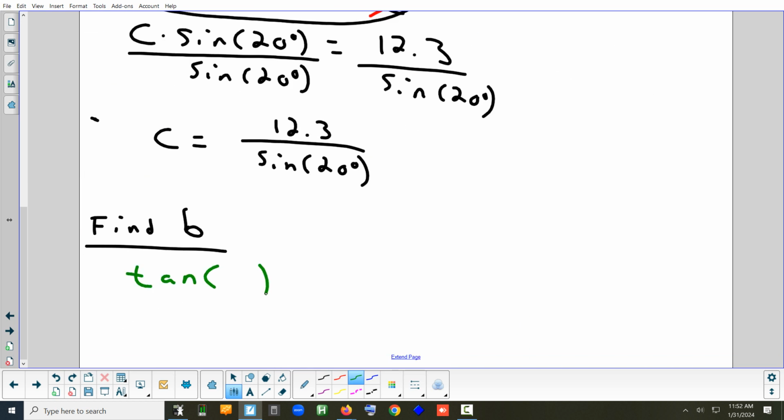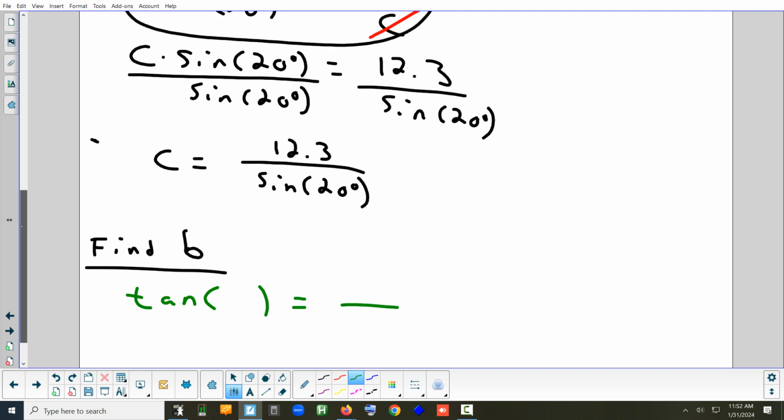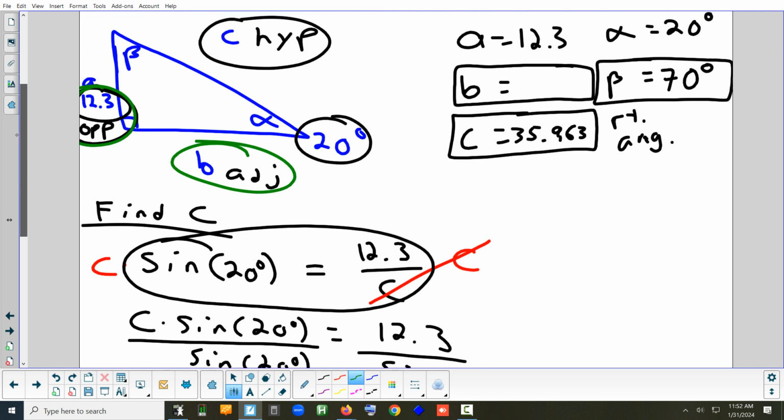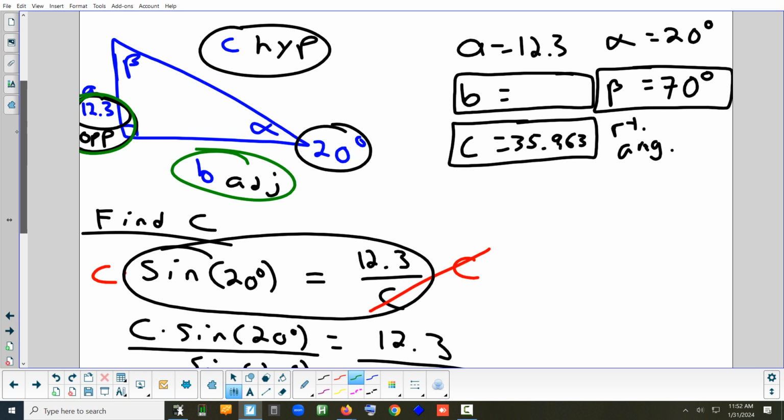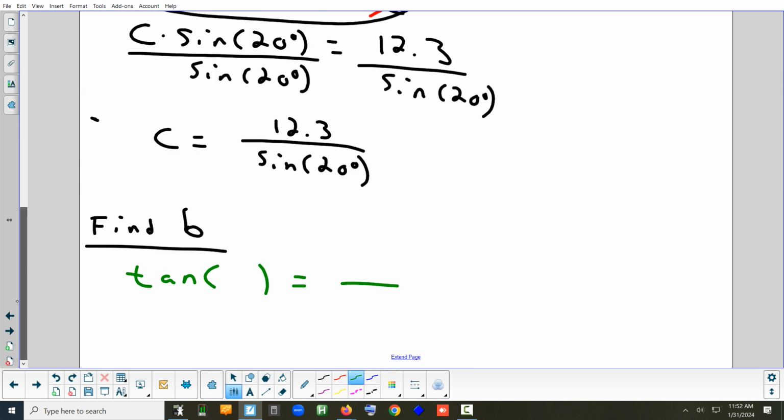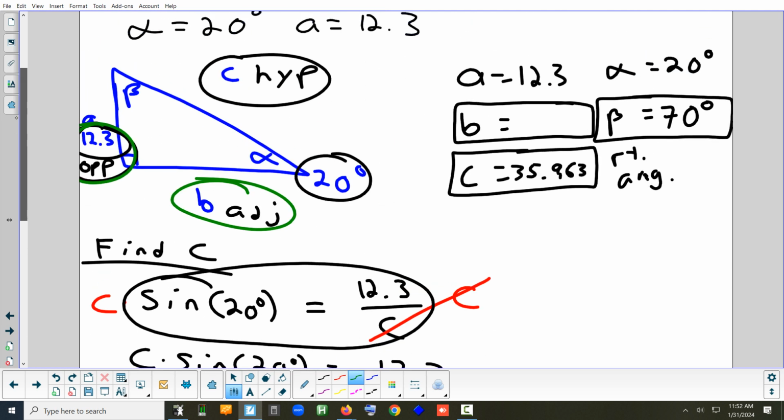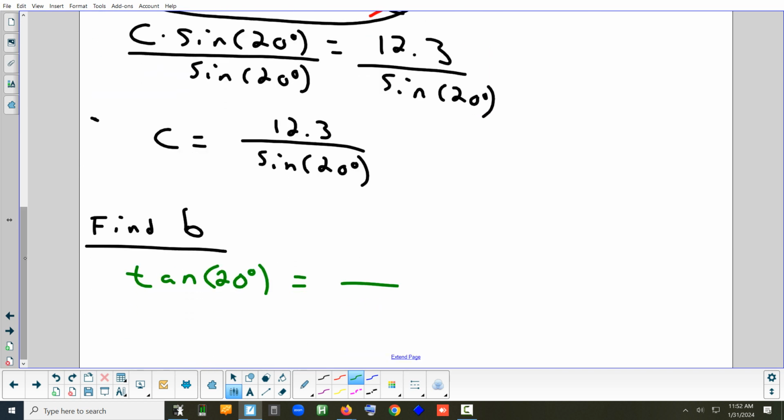So tangent, leave room for your angle, and then leave room for your fraction. What's the angle that we're using? 20 degrees, because that was given. Opposite over adjacent. What's the opposite? 12.3.